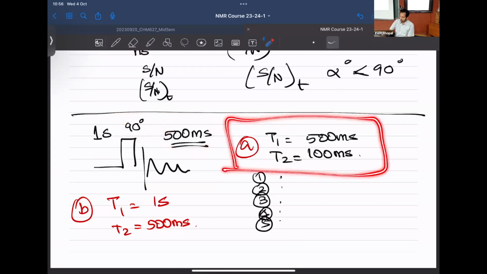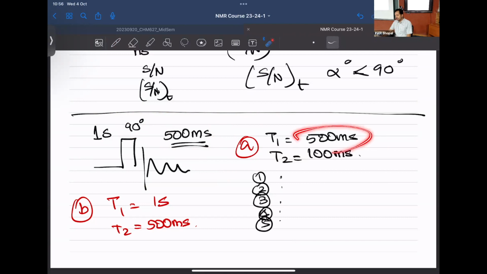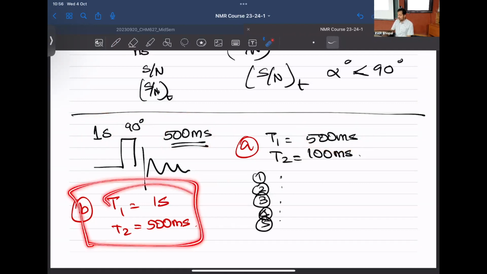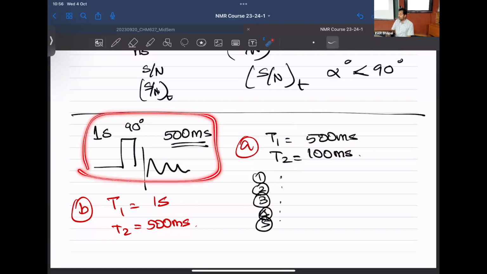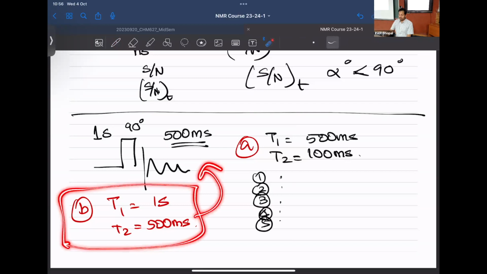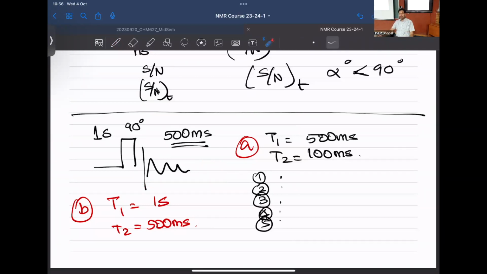Two different scenarios. A scenario where the T1 is within the limits of what is being applied, and another scenario where the T1 and T2 are of the order of the time that is applied. The second example, if I understand correctly, will be very similar to what I'm trying to point out, that you will have less steady state magnetization to start with.